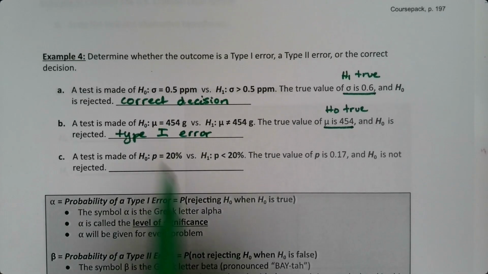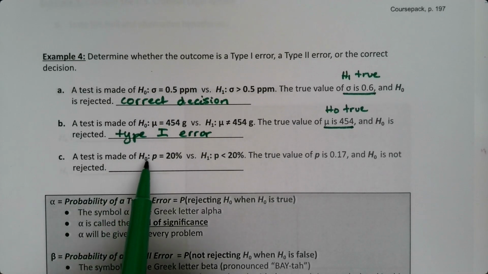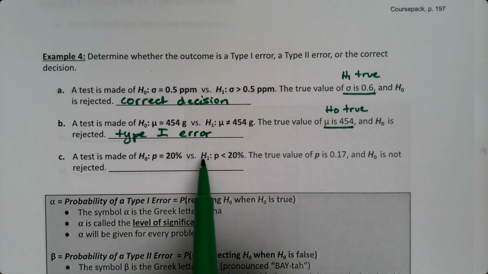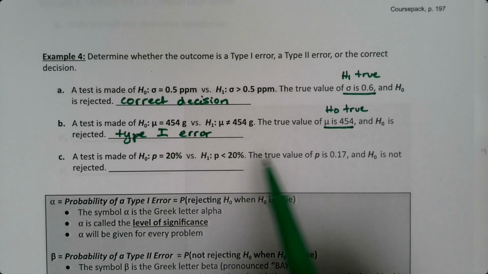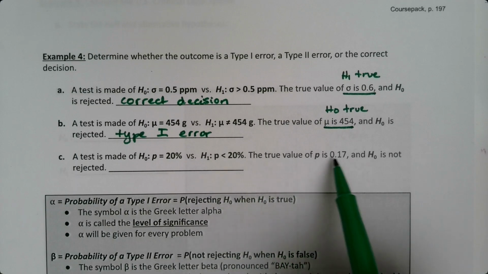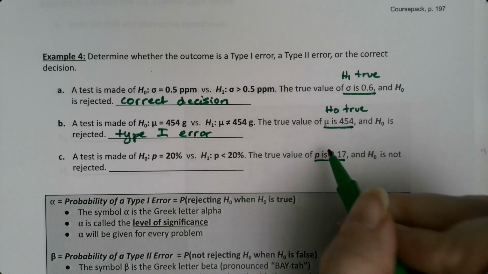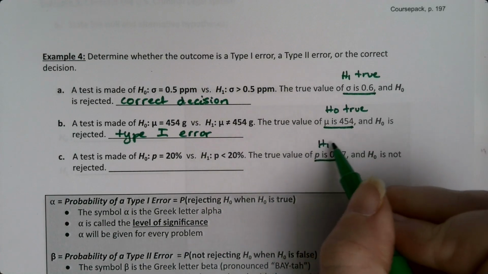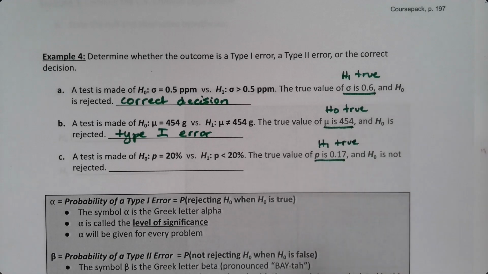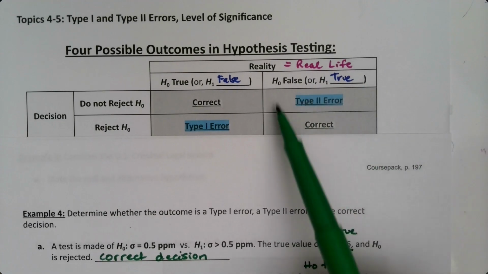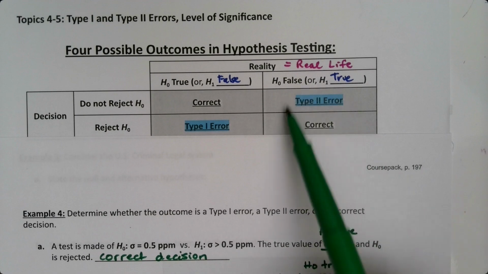All right, last one. A test is made of H0, which is p equals 20% versus p is less than 20% for the alternative. So the true value is 0.17. Now, 0.17 is less than 20%. So this means that H1 is true. Again, we're on the right half side because H1 in reality is true. So then we have to look at the decision.